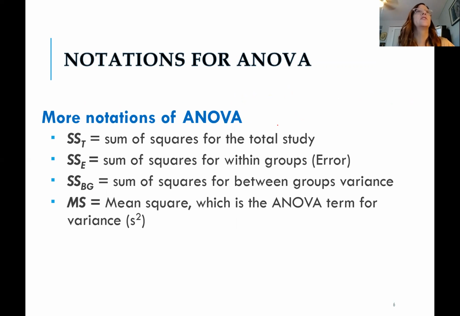So some other notations that you're going to be seeing are the sums of squares notations. In the past, we've just had sums of squares, like sums of squares for group 1 or sums of squares for group 2. But now we have 3 different types of sums of squares. We'll have the sums of squares total. Basically, we take a sums of squares for the entire study.